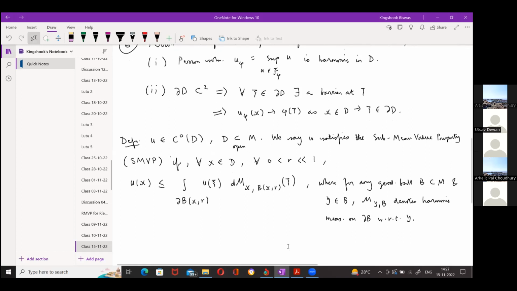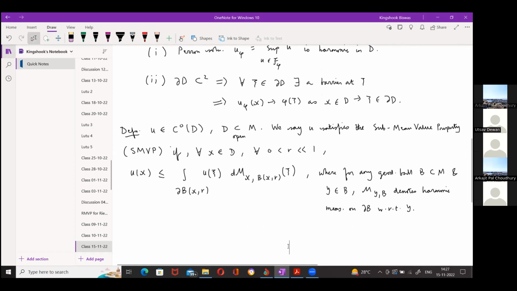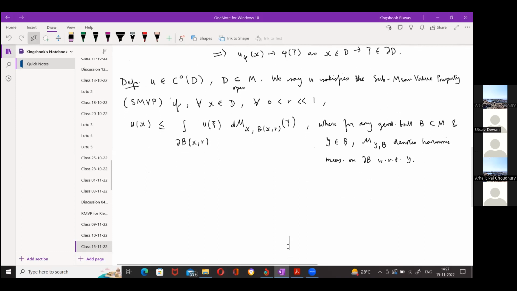So then we have the following proposition. Let U be a C2 function on D. Then the following are equivalent.